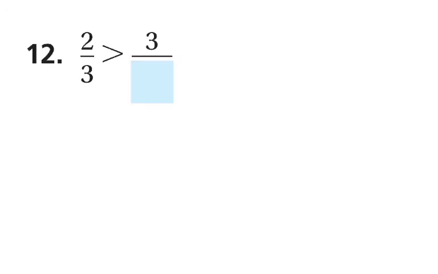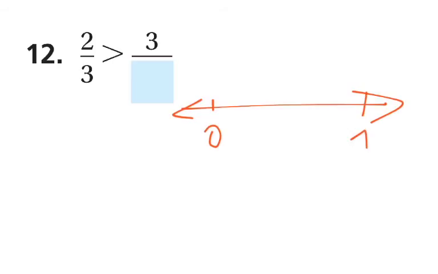Alrighty, then we have 2/3. Okay, I'm still remembering what we've been talking about with fractions. Look, I'm putting benchmarks on here again. And I remembered that 1/2 was in between 1/3 and 2/3.